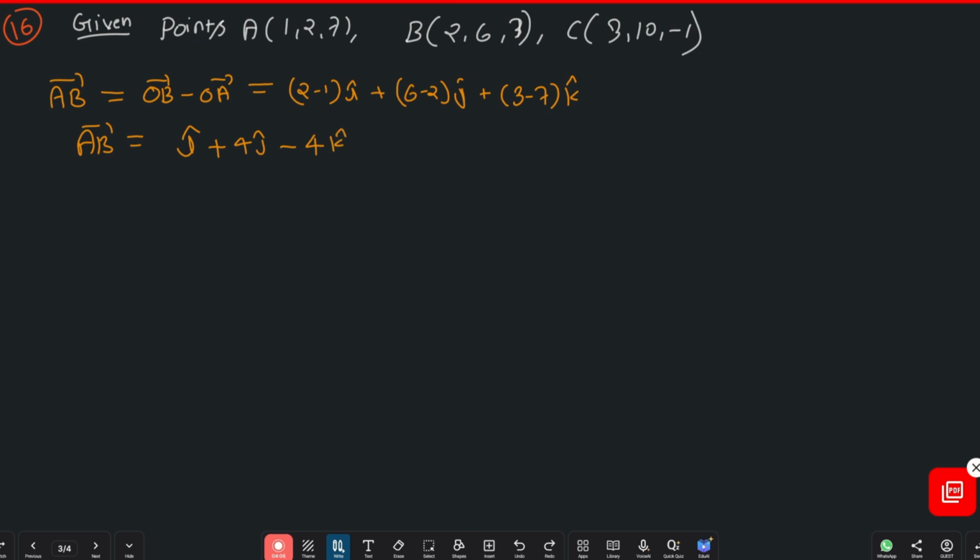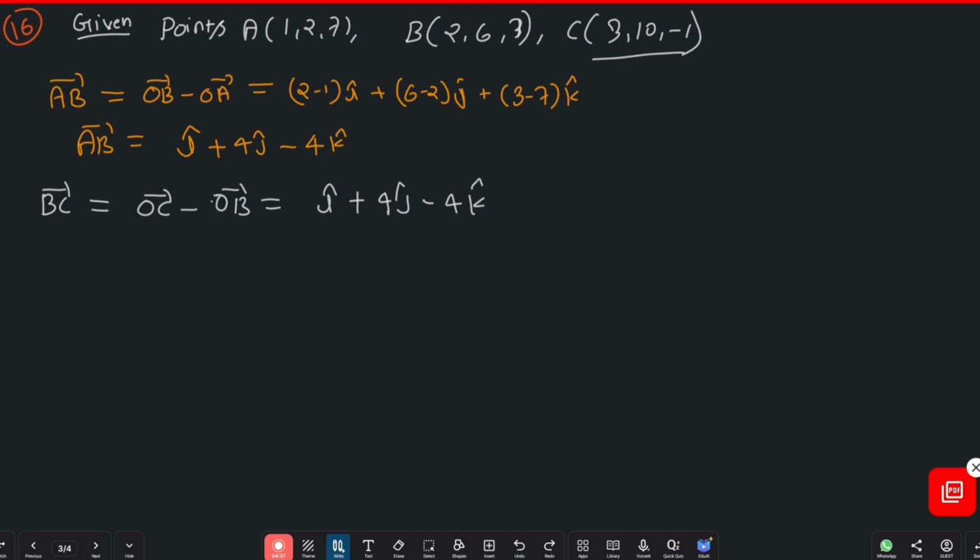Okay. Next, we need BC vector. BC is OC minus OB. OC minus OB, 3 minus 2 i cap and 10 minus 6, 4 j cap and minus 1 minus 3, minus 4 k cap.